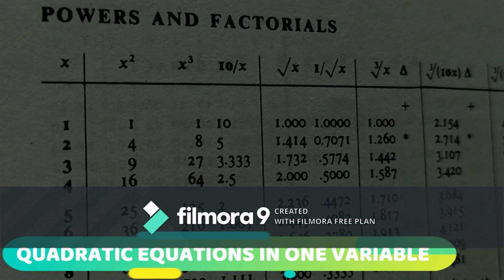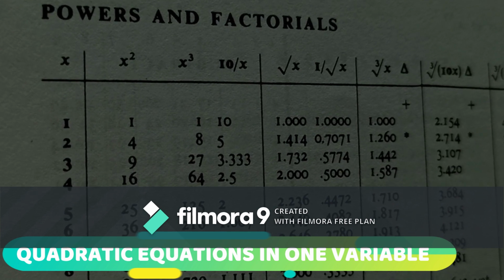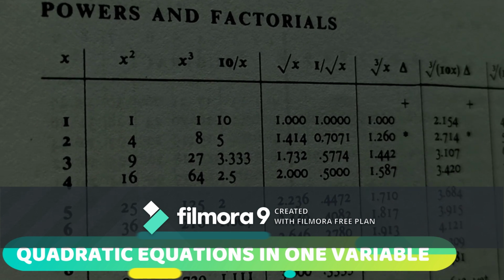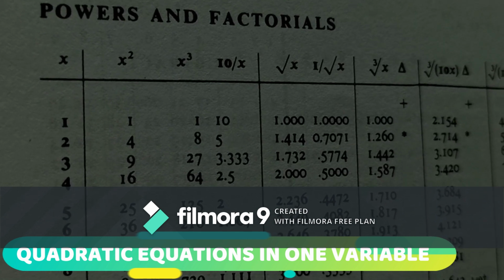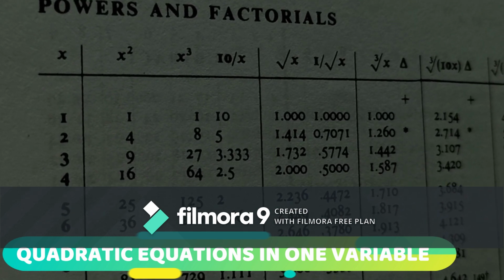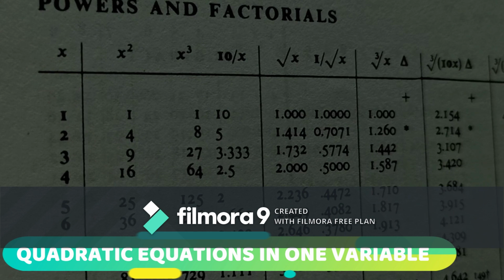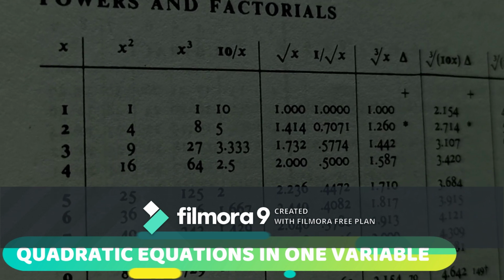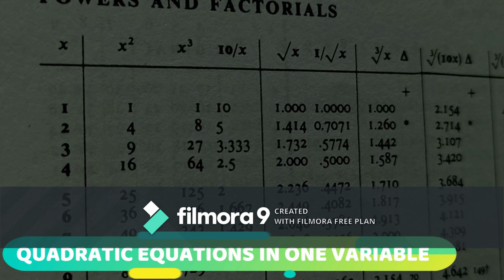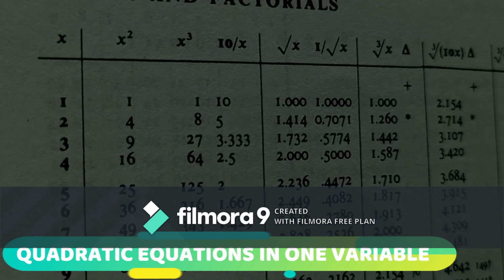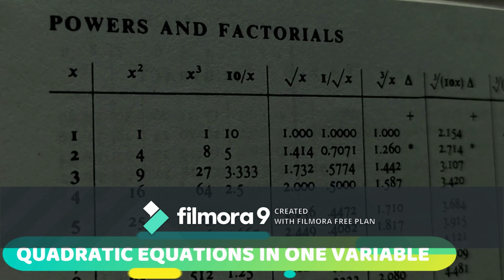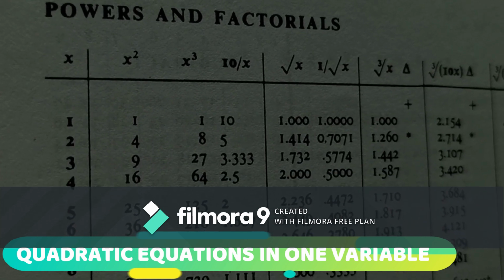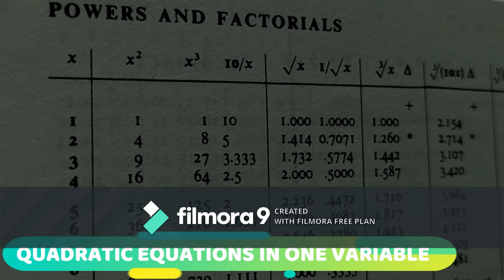In the log table, pages 28 and 29, you will get these powers and factorials. You can see the first column x, with the numbers 1, 2, 3, 4, 5, 6 and so on, and ignore x square, x cube and 10 by x. Then in the fourth column you can see root under x.